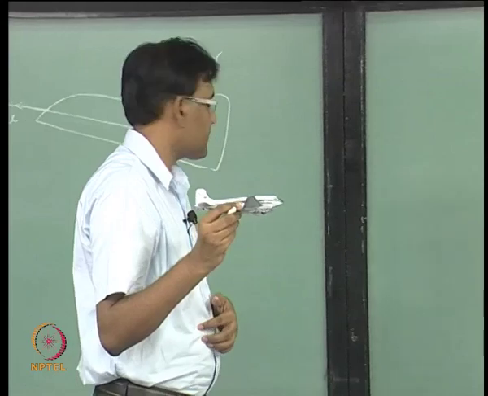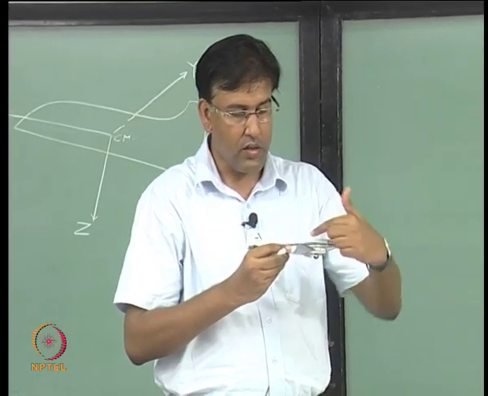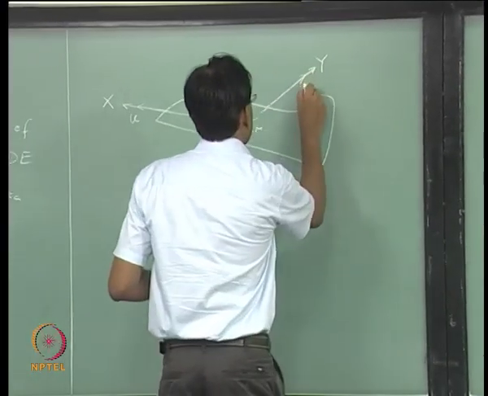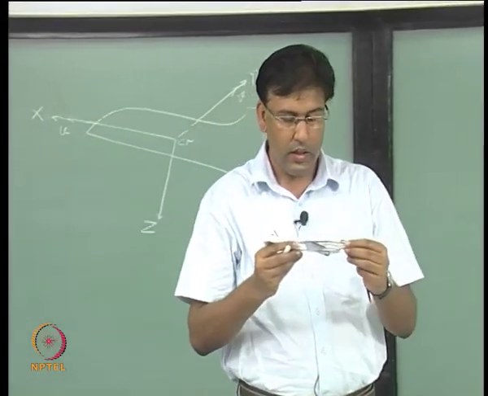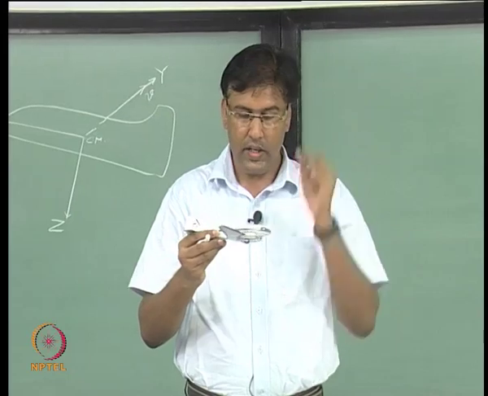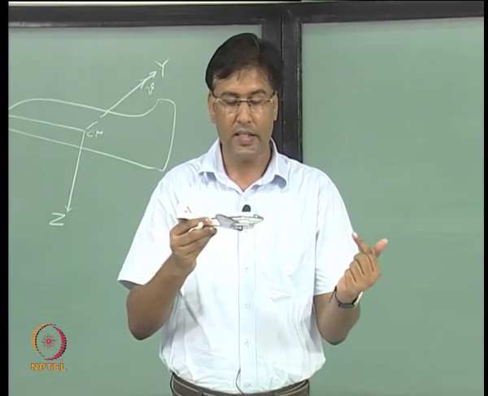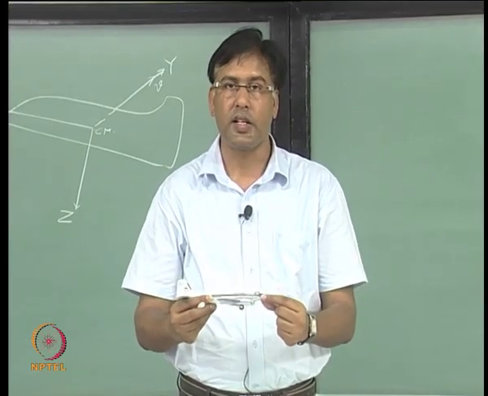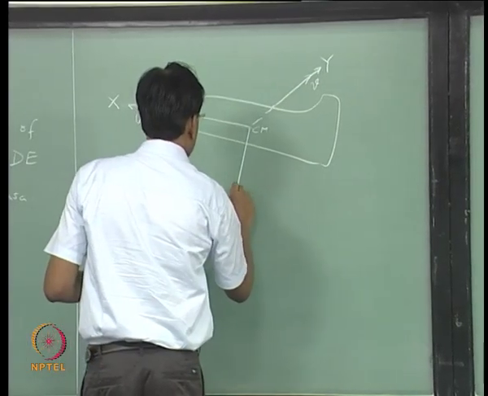So, side velocity v is along the y axis of the aircraft. So, it is like this. And the downward velocity w is along the z axis, which is perpendicular to the x and the y plane. So, it is like this.